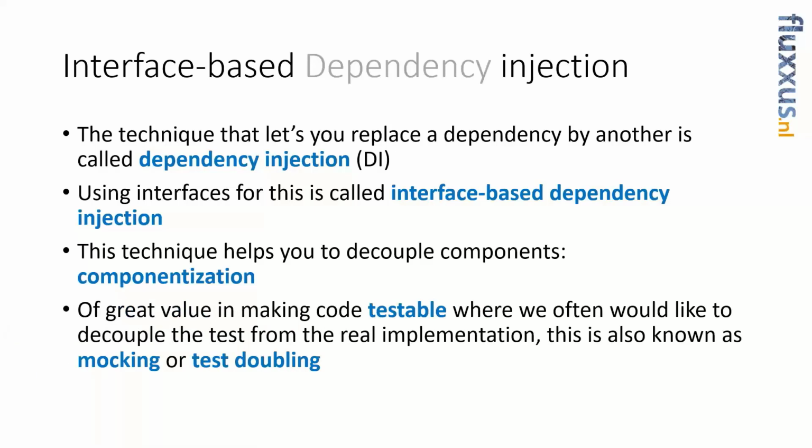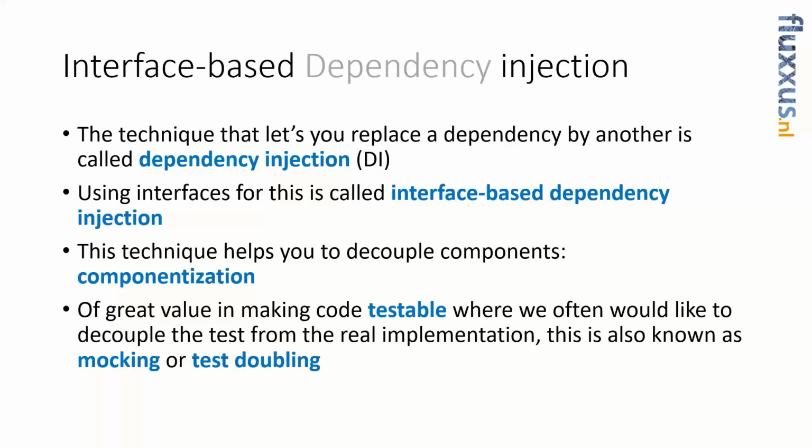And yes, that's the step we're going to make right now: this is of great value in making your code testable. I will explain it a little bit more. As the sentence said, we often want to decouple the test from the real implementation. An example is that we're calling upon external services, and that's also an example I'm going to demo.